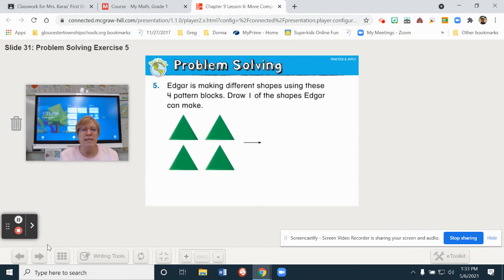But Edgar is making different shapes using these 4 pattern blocks. Draw one of the shapes Edgar can make. Okay, now keep in mind, the composite shape has to be together. Okay, it cannot have just 3 and 1 floating somewhere, or 2 different shapes with only 2 blocks. It has to be together, all 4 blocks, okay? So pause it and make your new shape.